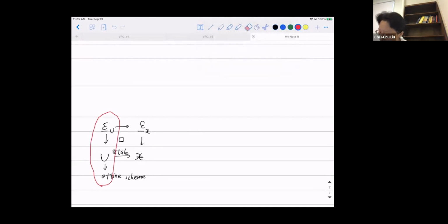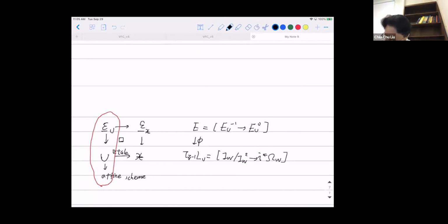Recall that on this affine scheme, the perfect obstruction theory is given by a two-term complex of vector bundles, and the truncated cotangent complex is given by this, where recall that we have this closed embedding into a non-singular scheme.